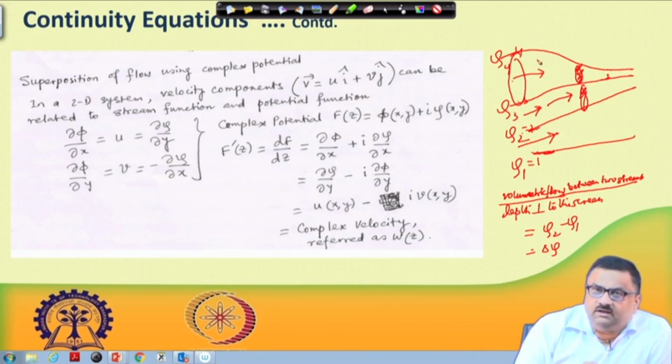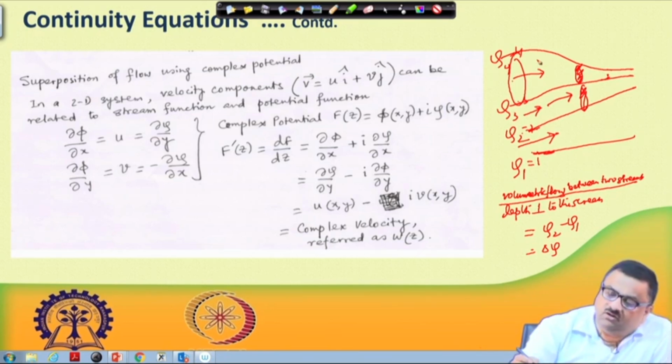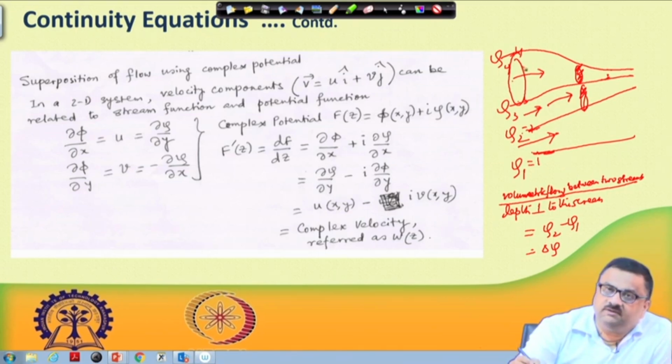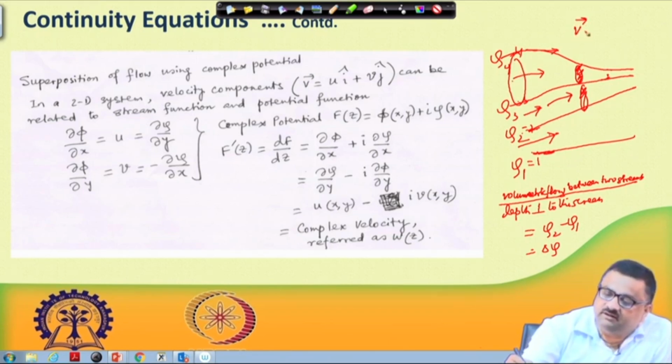Another important point one must make note of is that no flow can cross a streamline. Why? Because we said that the tangent to the streamline gives me the direction of velocity at this point. So, I have a velocity field, which is u i hat plus v j hat, and that resultant gives me the tangent at this point.